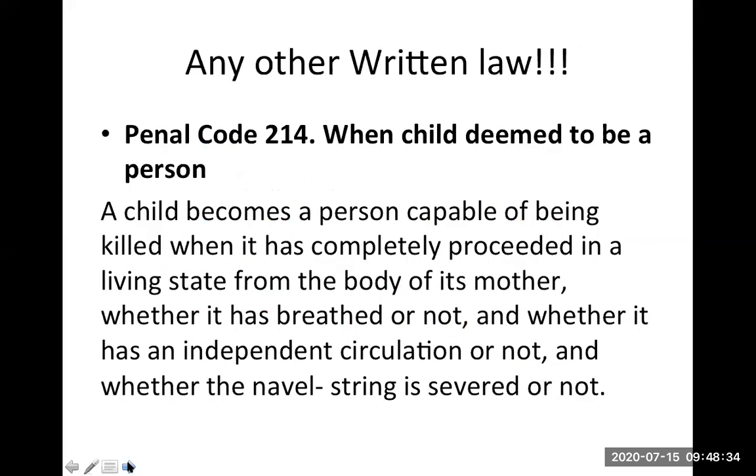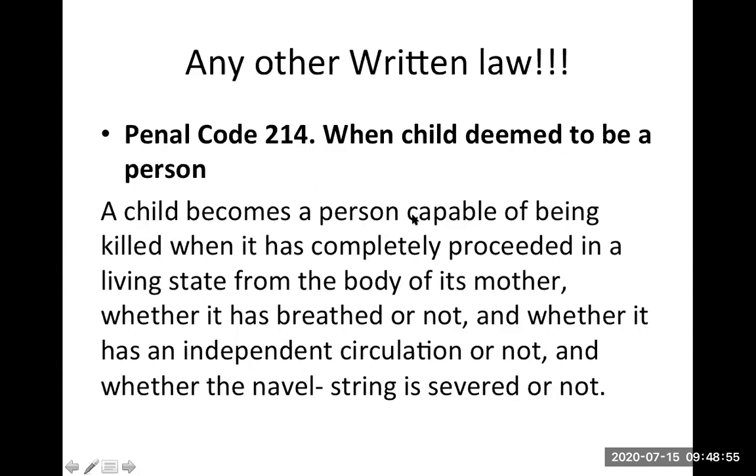So, when the Constitution talks of any other written law, we already had some written laws that were not as protective of the unborn child.